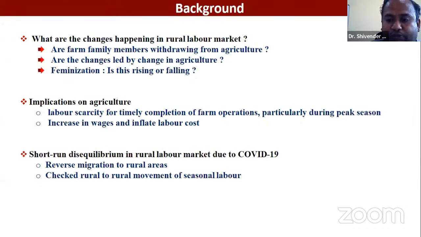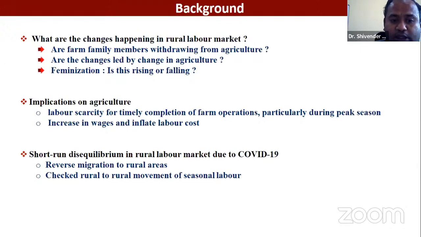So wage rates are increasing. Farmers who can pay more wages can get the labor, but not at lower wages. Once they have to pay more wages, it will automatically inflate the labor cost and then the cost of cultivation, and it may lead to inflationary pressure in the economy.